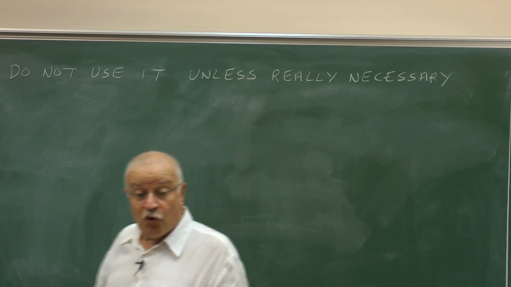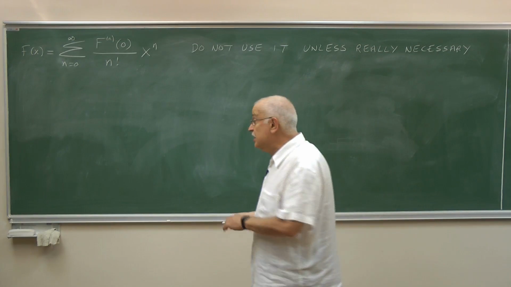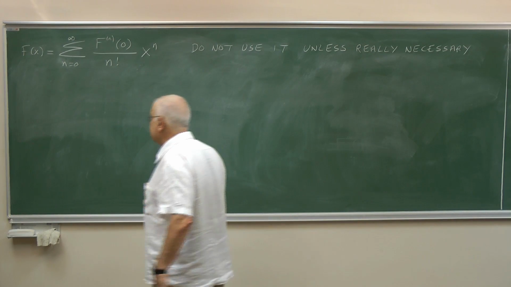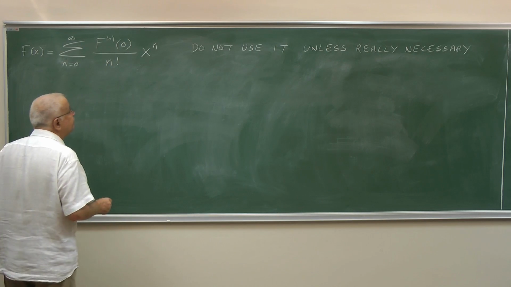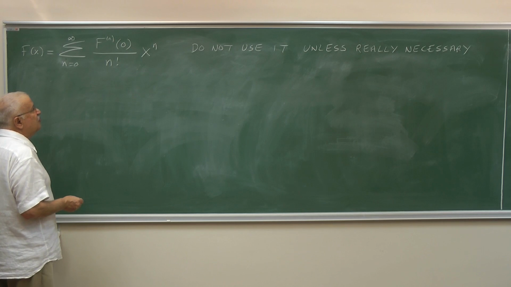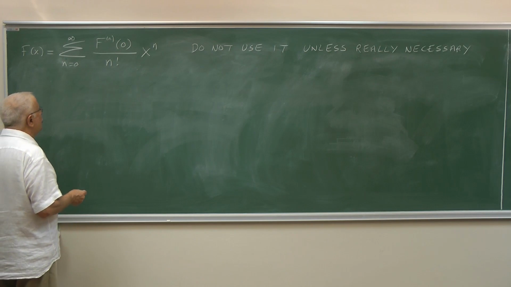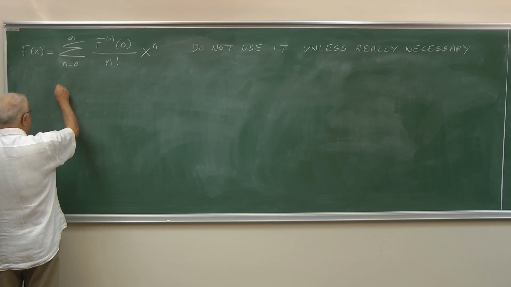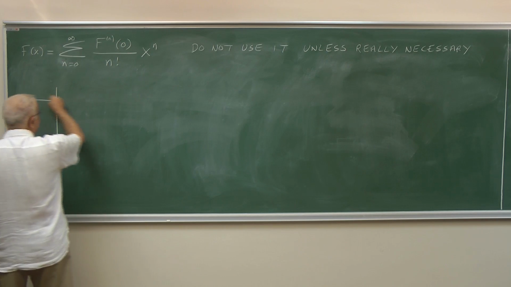We should only do this for simple functions and get the others by other methods. Now, one has to be systematic not to make mistakes. The thing is, we should have a table.